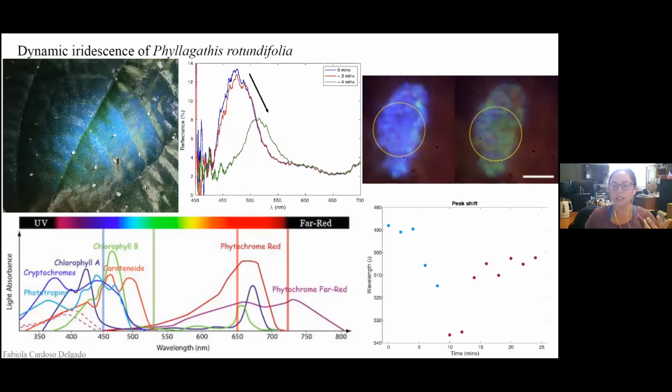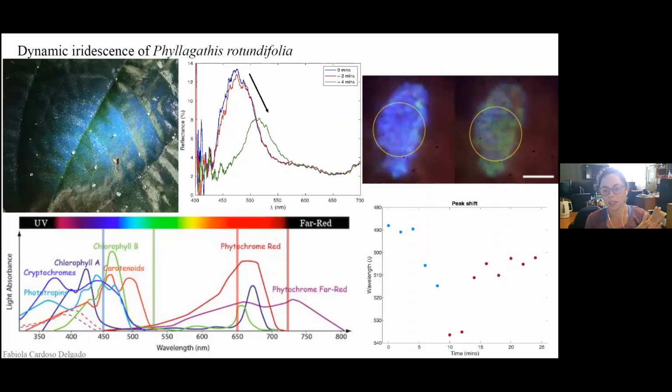So I wanted to see how reversible and how dynamic this reflectance was. I performed continuous irradiation for 10 minutes, and then I measured the spectra every 2 minutes. Then I let the sample relax for 15 minutes under complete darkness and see if I could get the reflectance to recover. In the bottom right plot, the blue data points are from the light irradiating measurements.